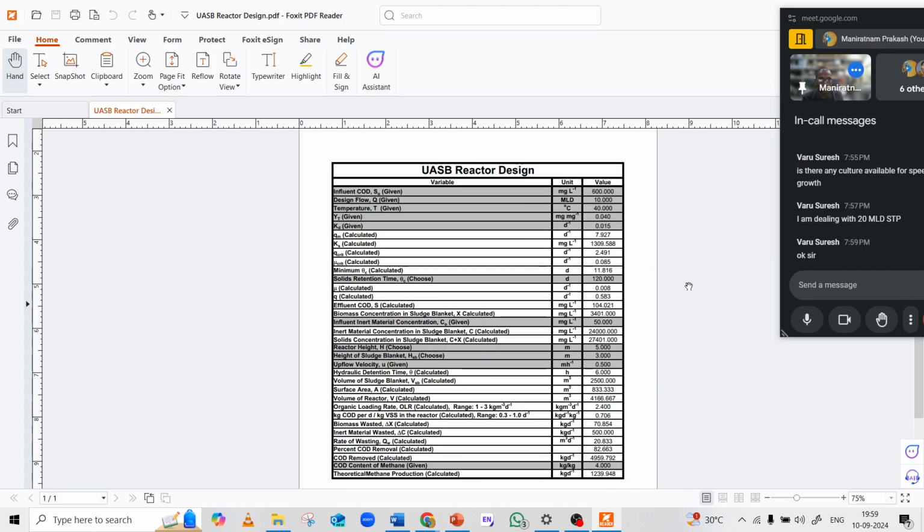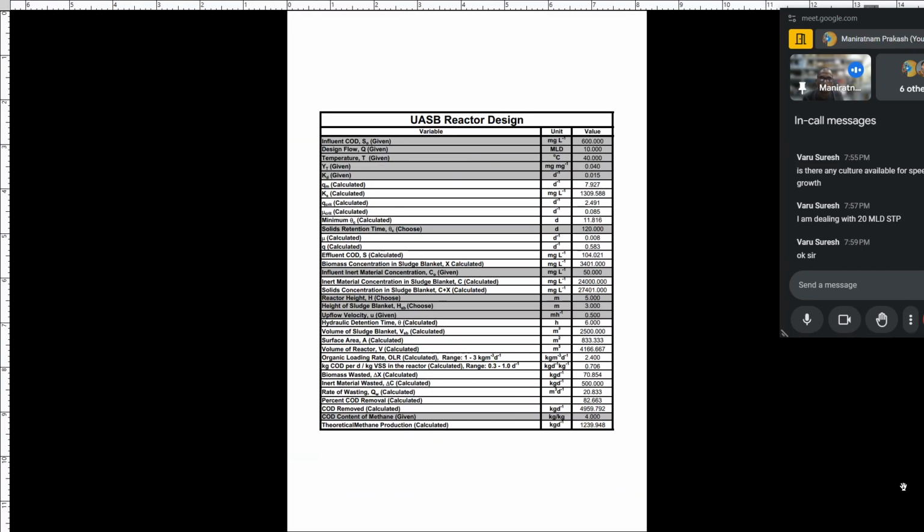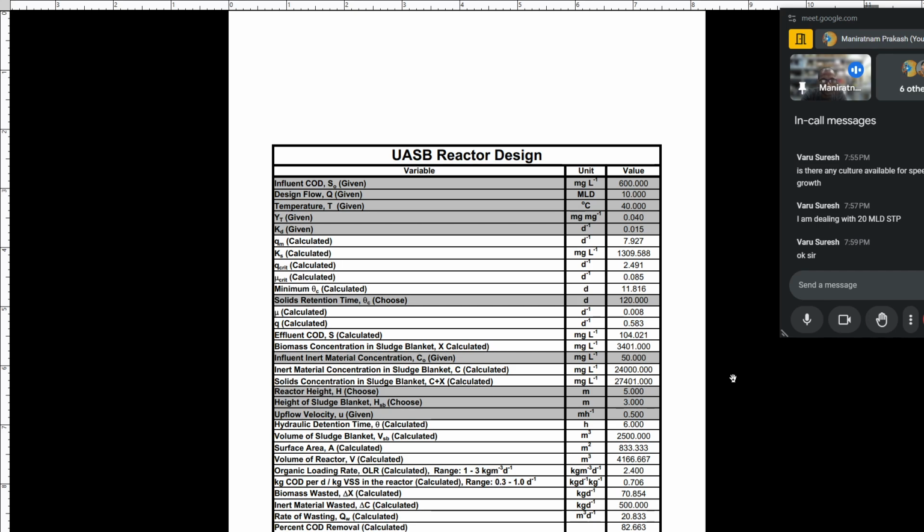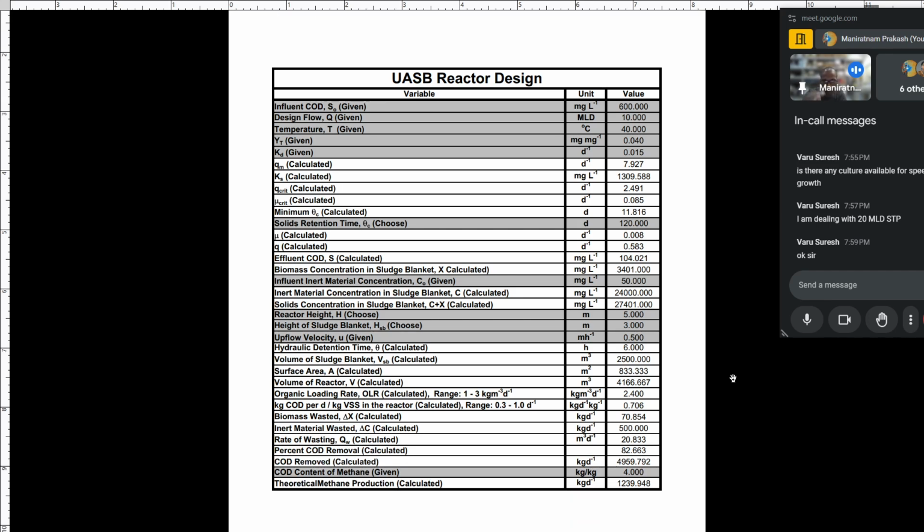I will be going through the full design; you can take a screenshot of this complete design. I hope you have taken a screenshot. You can see that in UASB, how much methane can be produced depends upon how much COD is incoming and how much design flow there is.